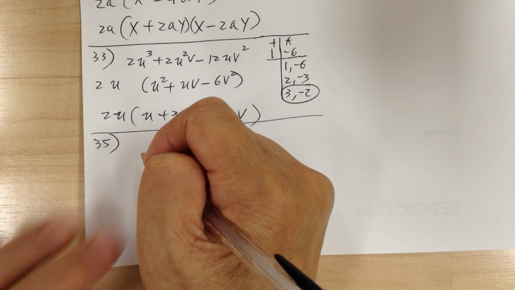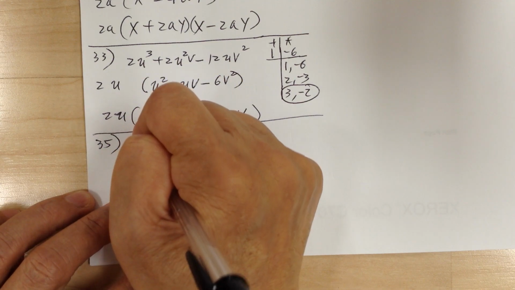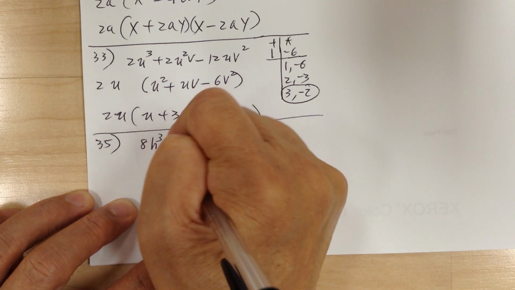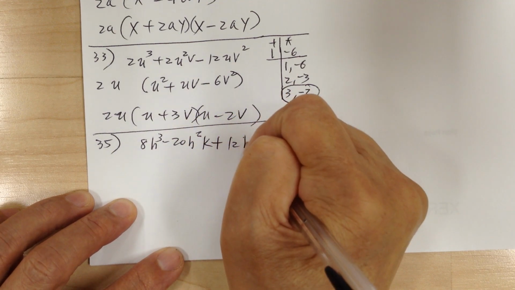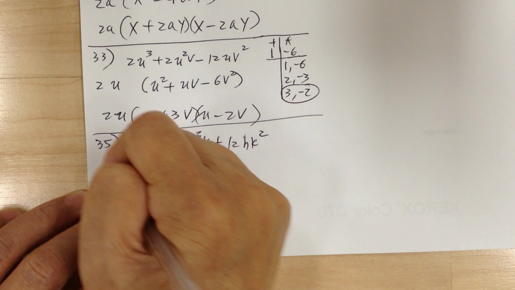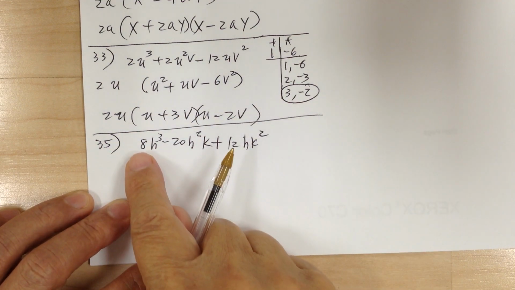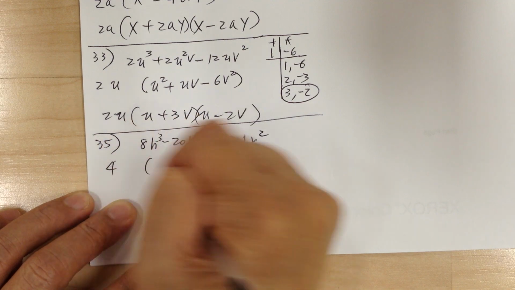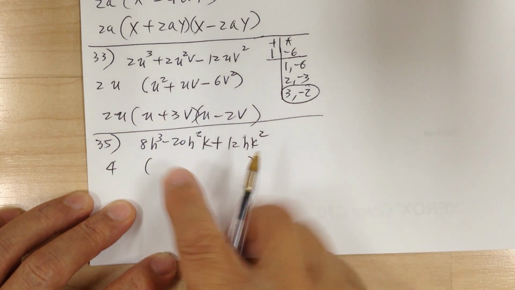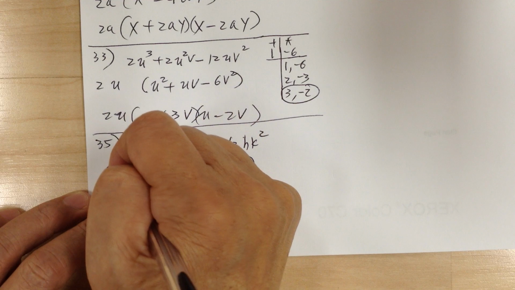Okay, 35. You have 8h cubed minus 20h squared k plus 12hk squared. Again, step 1, common factor: 8, 20, 12, you can factor out the 4. And you've got h in all of them, so you can factor out the h.